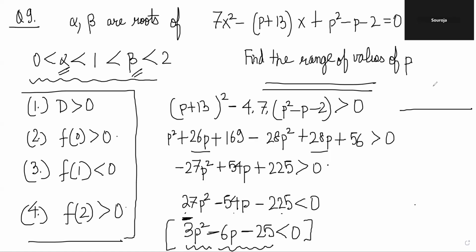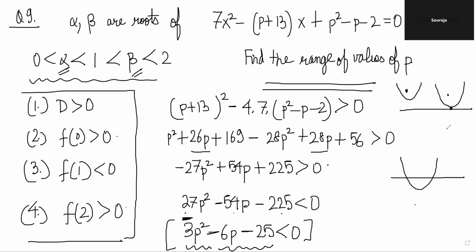So for an upward facing quadratic, it couldn't be like this or like this, right? The y-intercept is minus 25. What I'm saying is it cannot be the two cases where there are no roots or equal roots, because in those cases, you will never have it negative.